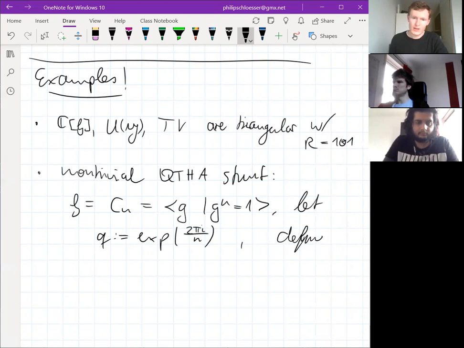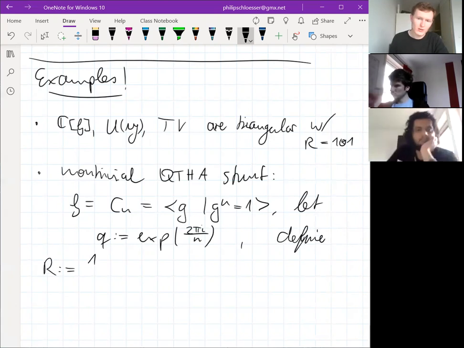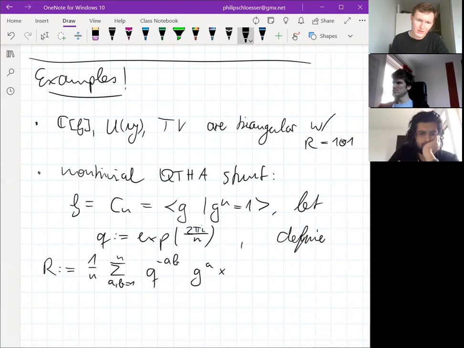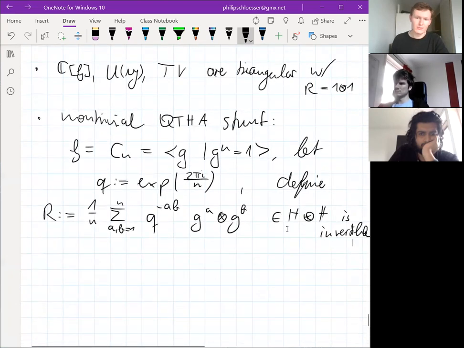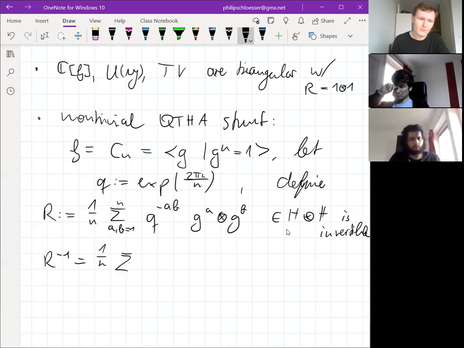And then we can define R to be 1 over n times the sum over a, b from 1 to n of q to the minus a times b, g to the a tensor g to the b. That thing is invertible, with its inverse being very much the same, except that we now have a positive sign.